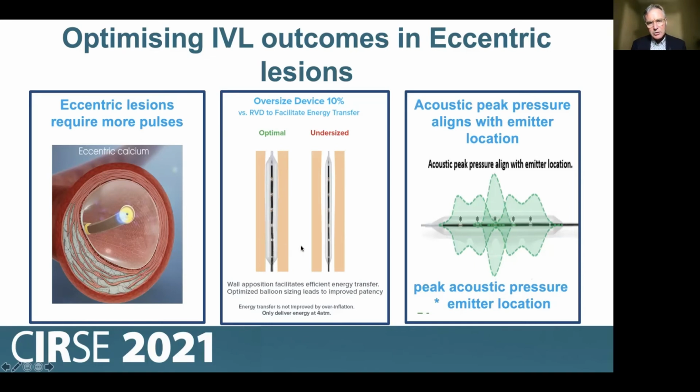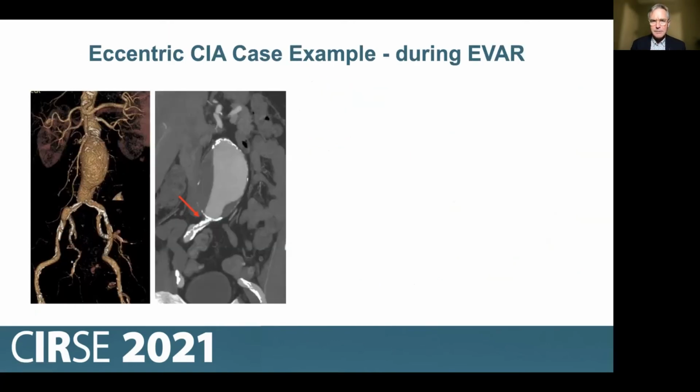The second is to ideally size preferably at 1.1 to 1, which makes a big difference. And also we know that the acoustic pressure from the central emitters is more powerful than the more peripheral emitters, so we should position the central emitters opposite the most eccentric portion of the target lesion.